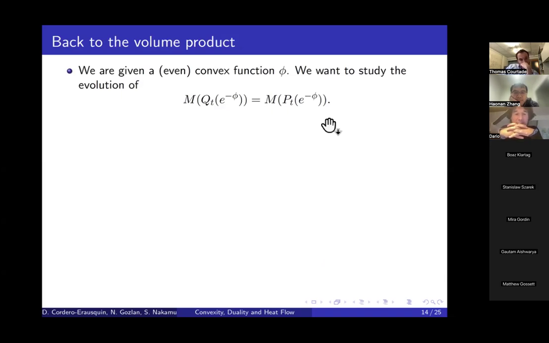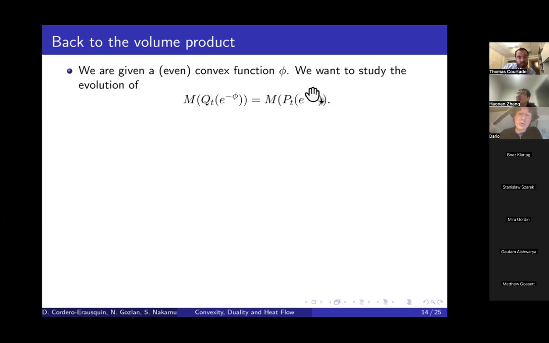I recall that what we want is to prove that the volume product increases along Fokker-Planck, because in Fokker-Planck you see that you really tend to a Gaussian. But as we said, you have this linear invariance for the volume product, right? So of course it is the same either for Fokker-Planck or for the heat flow.